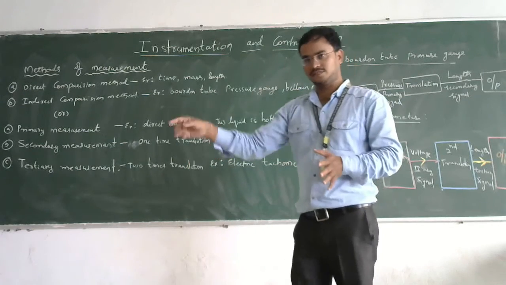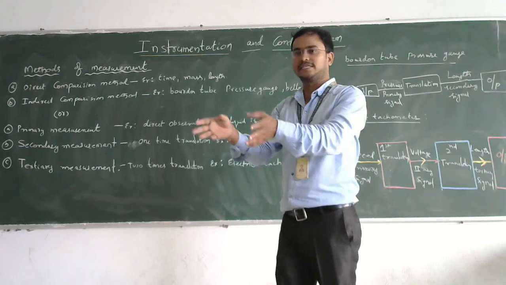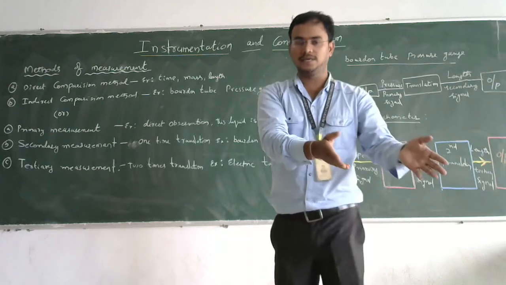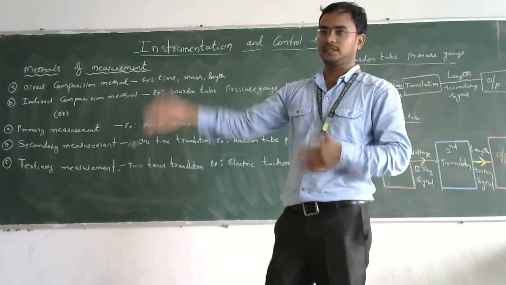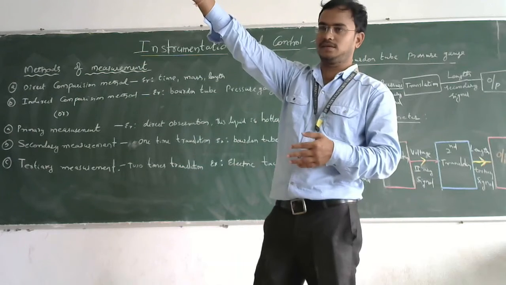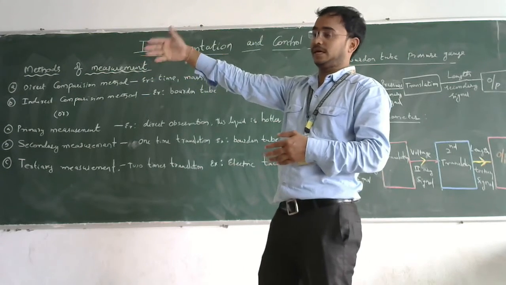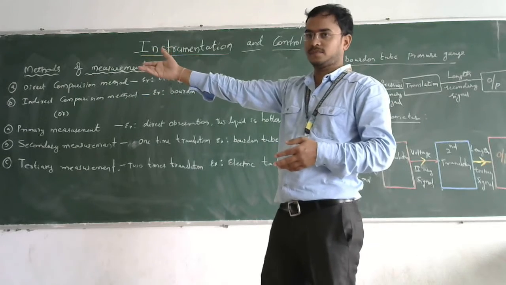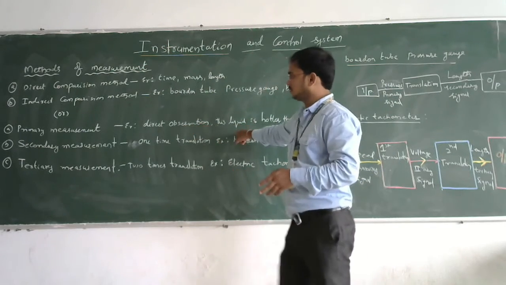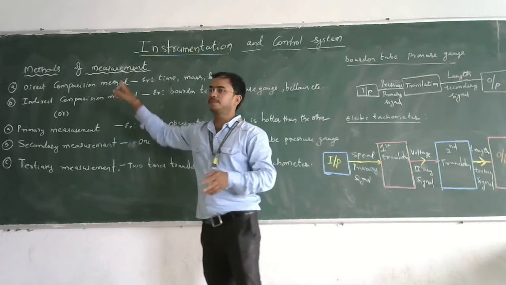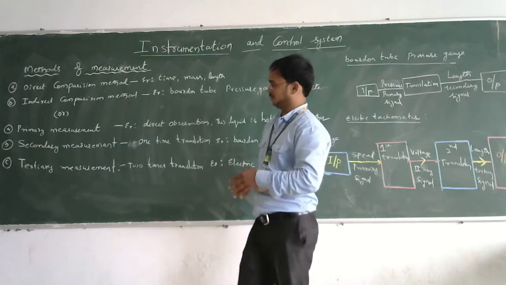By sensing or by looking at it, this rod is longer than the other one or shorter than the other one. This person is shorter than that person. So it is a primary measurement, which also comes under the direct comparison method.